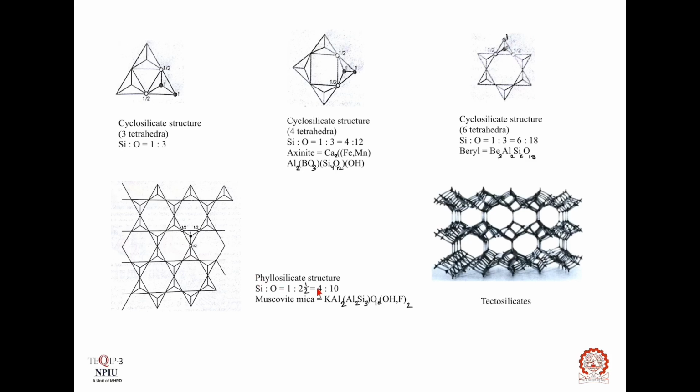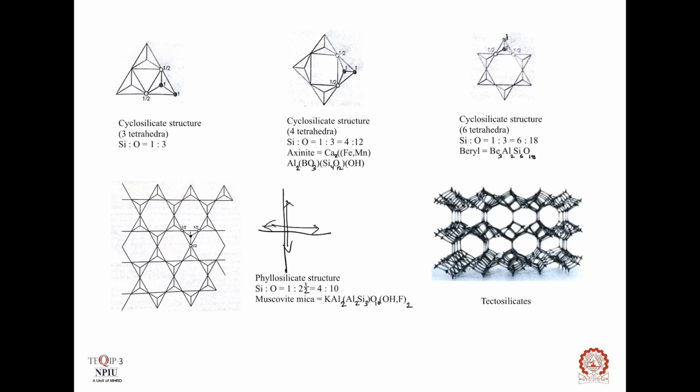Next is the phyllosilicate structure. These are also called sheet silicates because in this group silicate tetrahedra occur as sheets, resulting in more growth along 2 directions. Here the silicate tetrahedron units grow in 2 directions, in this direction and in this direction also. The ratio between silicon and oxygen in this kind of structure is 1:2.5.